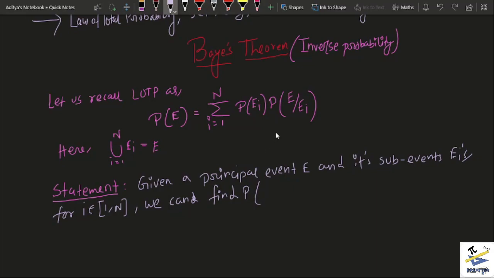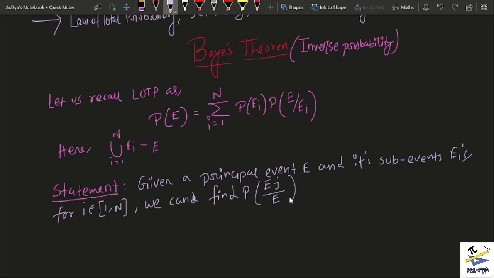But in general, we would like to find the inverse, that is, what happens if we find the probability of a certain sub event Ej given that the event E has happened. So what we are saying is, given that the event capital E has occurred, what is the probability that it has occurred through the sub event Ej? So you understand what I mean.